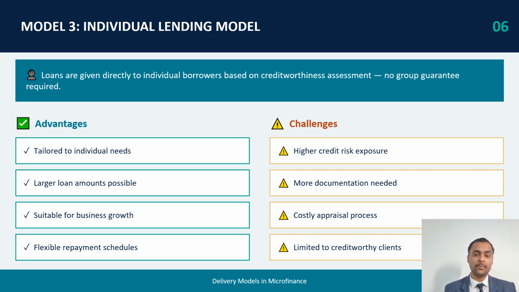The appraisal process is more detailed and expensive, and it is generally accessible only to those with some credit history or collateral. While this model is powerful, it is better suited for more mature microfinance markets, where clients are already experienced with group lending.